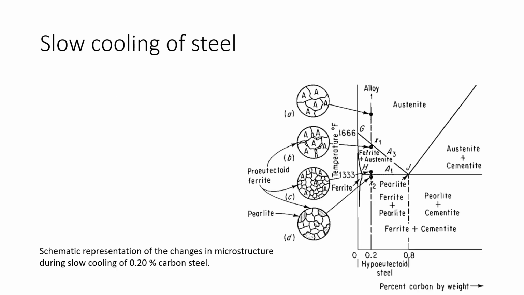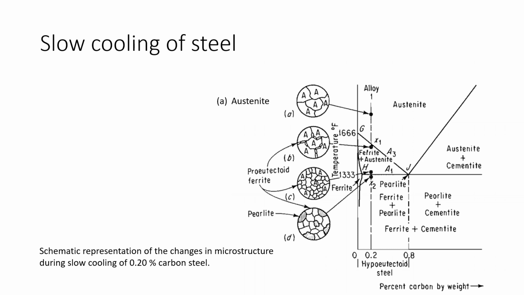Slow cooling of steel is very important with respect to mechanical properties. This is the schematic representation of the changes in microstructure during slow cooling of 0.2% carbon steel.